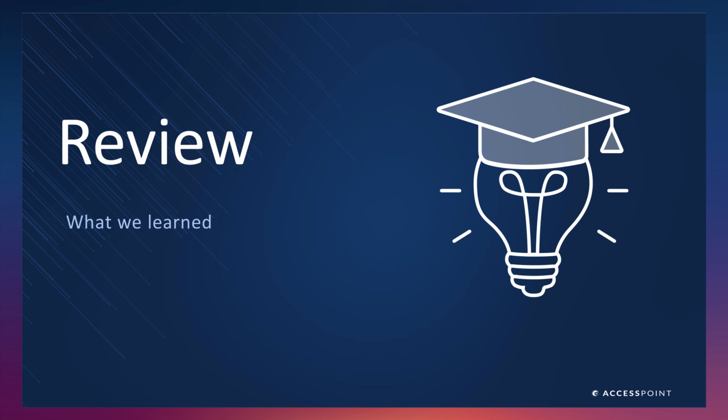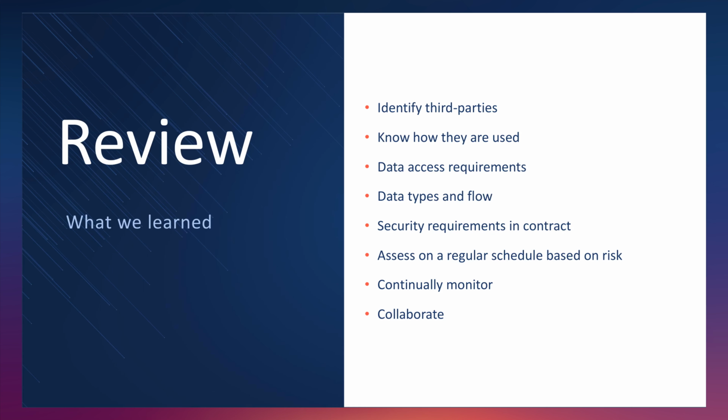And to sum it up, let's review a couple of the key items that we hit upon. One, we want to make sure we identify all third parties. We want to know how they're used, what their data access requirements are, the type of data they use, and what the data flow is.